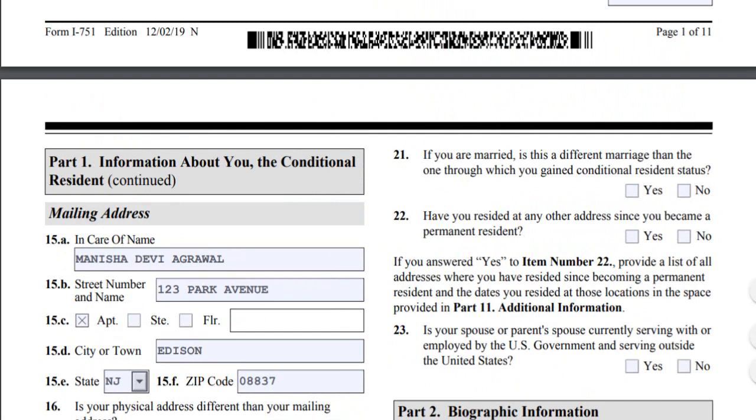Question 21. Are you married to someone other than the spouse through which you gained conditional residence? Yes or no? Have you resided at any other address since you became a permanent resident? Yes or no?